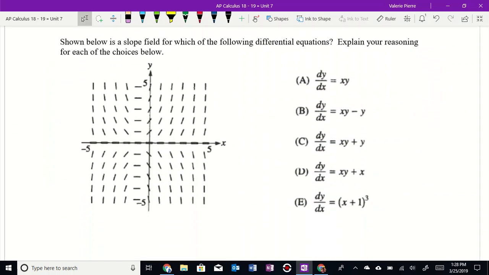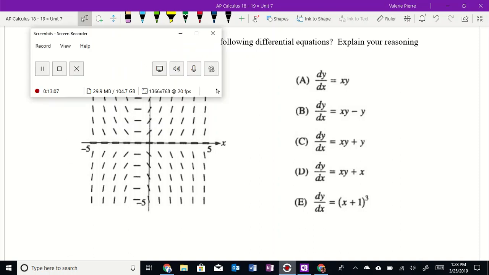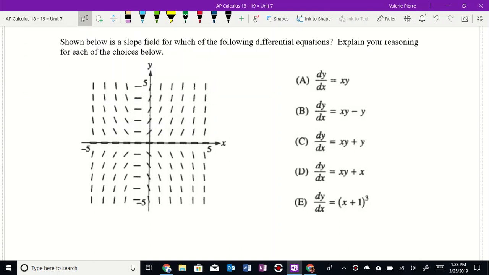So for this problem, we're given a slope field and we want to find the differential equation that goes with it. So what we're going to do is we're going to determine some test points. Okay, so given all these differential equations, I want to pick a point on here where the slope is 0.